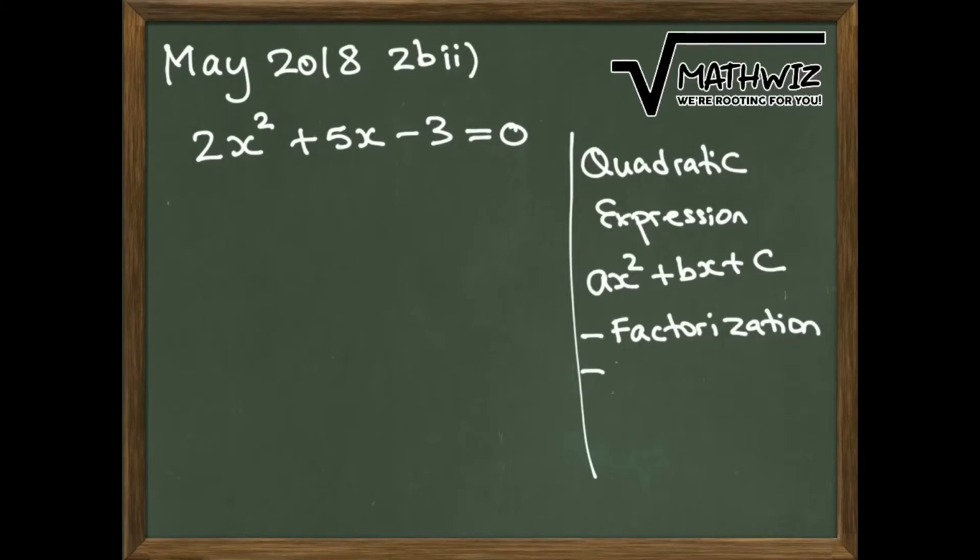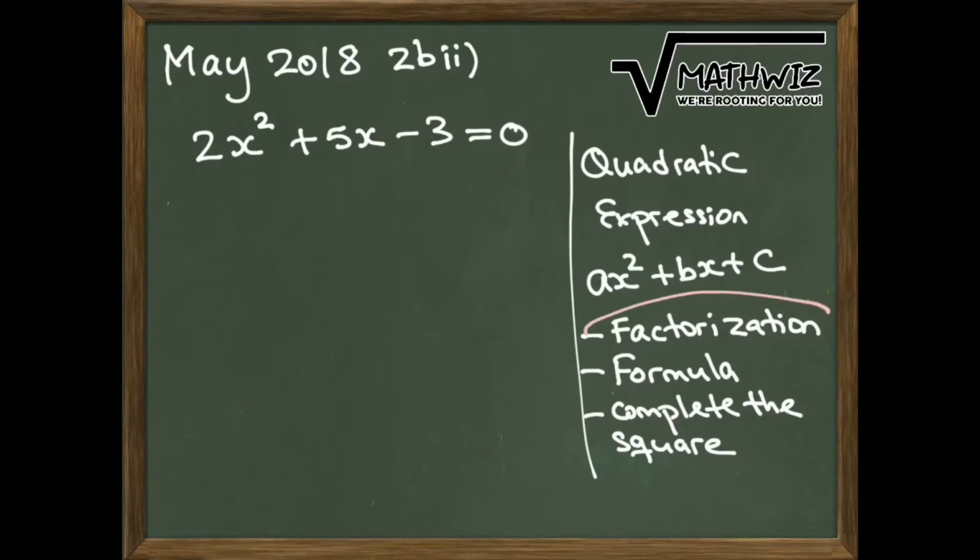The second one is using the quadratic formula, or you could complete the square, right? For this video, I'm going to be focusing on using the factorization method. So this will also help you to go and brush up on factorizing your quadratics, right?